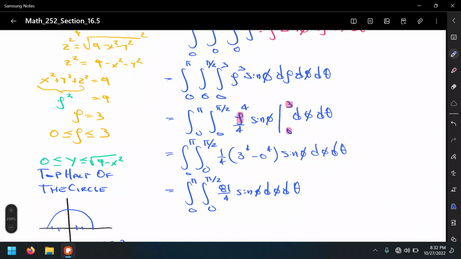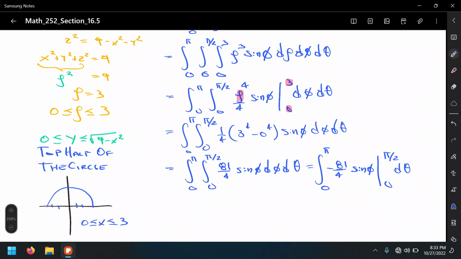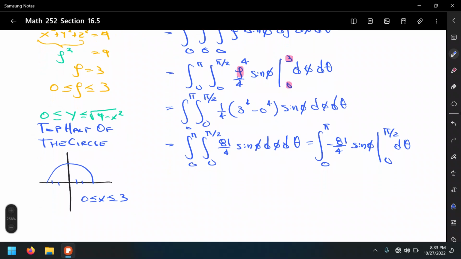Let's go about the second integration, the integration with respect to phi. So what's the integral of sine? Careful. Negative cosine. So that's going to be, not the double integral, just the single integral from 0 to pi of negative 81 over 4 cosine, evaluated from 0 to pi over 2, d theta. Upper limit minus lower limit.